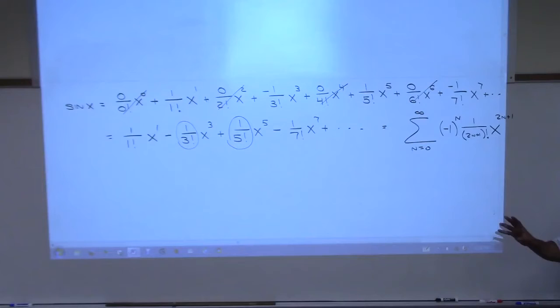Let me put the formula up here again, even though I wrote it down. And instead of doing x minus a to the n, I'm doing x to the n because we're Maclaurin, so a was 0. Yes? Okay, that's the formula.